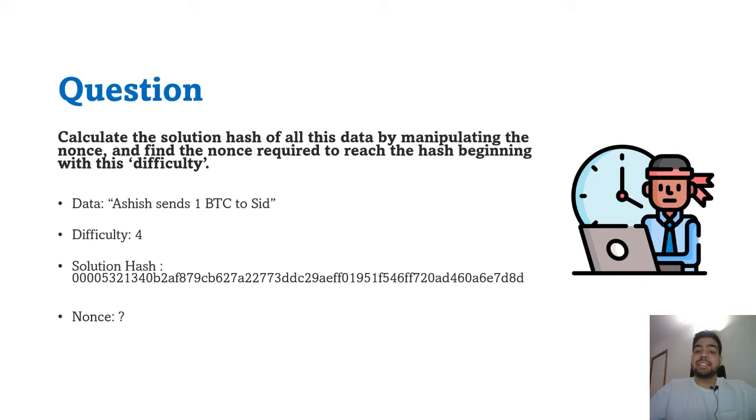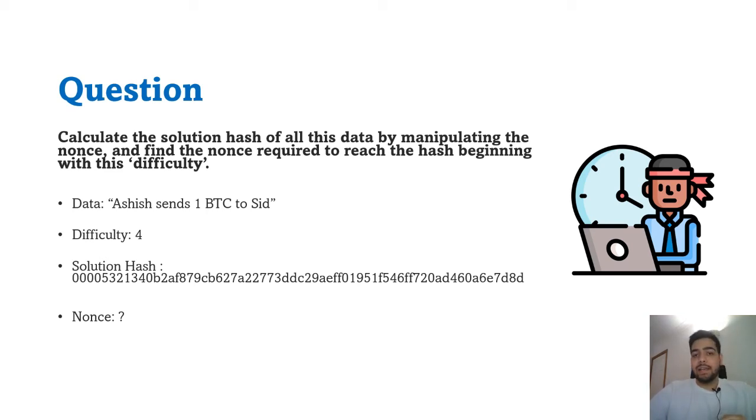Now, this can be an example of the question that a computer or a node in the network needs to solve in order to verify this transaction. So the question is, calculate the solution hash of all the data, that is, Ashish sends 1 Bitcoin to Sid, by manipulating the nonce, and find the nonce required to reach the hash beginning with the given difficulty.